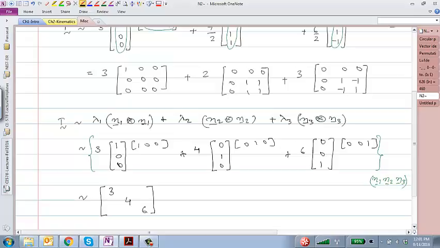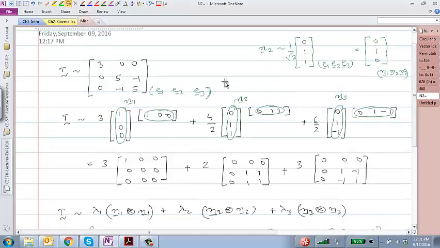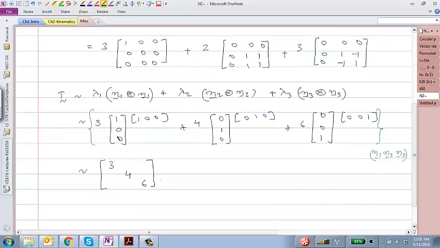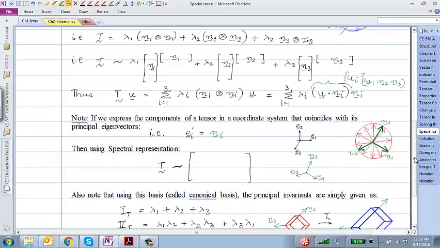Okay, and this would be true for any symmetric tensor. Basically, you have any tensor in the e1, e2, e3 components, find its eigenvectors, and in the coordinate system of its eigenvectors, the eigenvalues would be on the diagonals. Everything else would be 0. So the same thing holds for any arbitrary tensor.